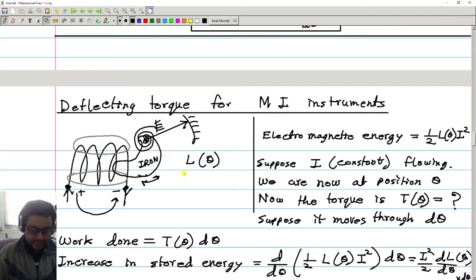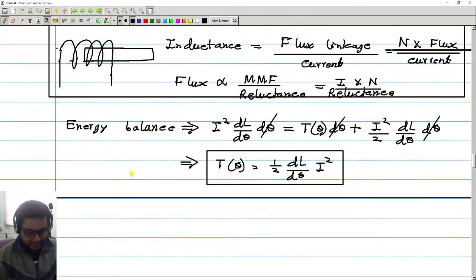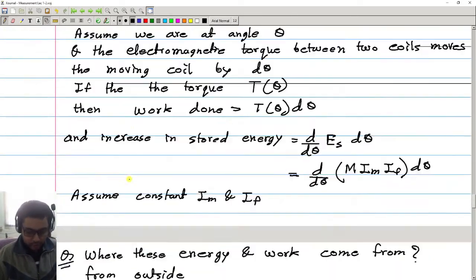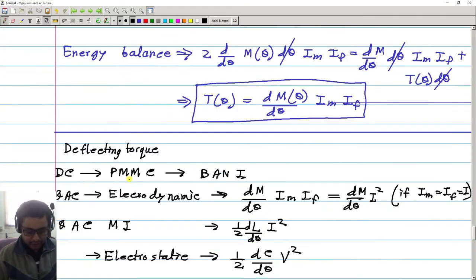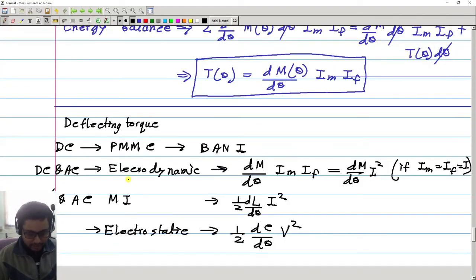But the retentivity can create a problem: when you measure one value, and after that a different value, the next value is affected by the previous measurement. So from that consideration, moving iron instruments are practically never used for DC measurement.